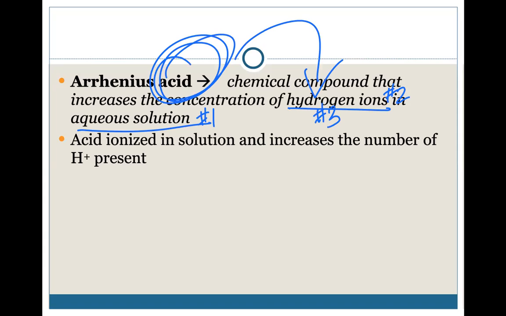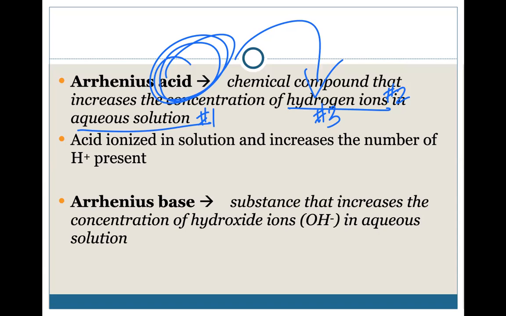The acid ionizes in solution and increases the number of hydrogen ions present. And an Arrhenius base is a substance that increases the concentration of hydroxide ions in aqueous solution. So again, we've got hydroxide ions, aqueous solution, aqueous number one, ions number two, and hydroxide number three.